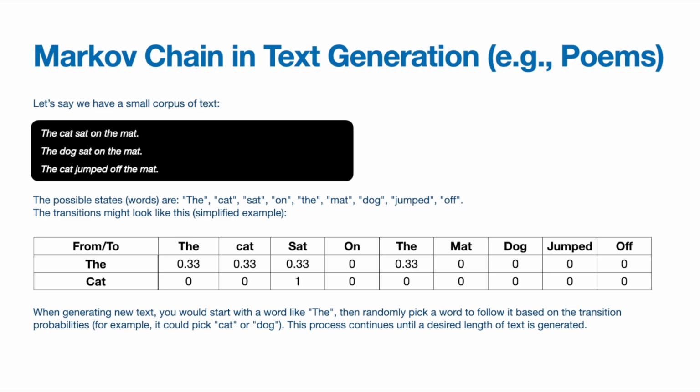You can see there is a from state, a to state, and for each possible word we have a probability. When generating new text, you would start with a word like the, then randomly pick a word to follow it based on the transition probabilities. For example, it could pick cat or dog. This process continues until a desired length of text is generated.